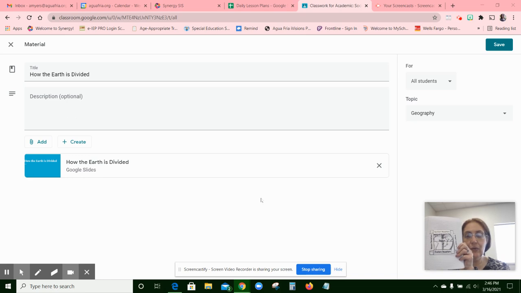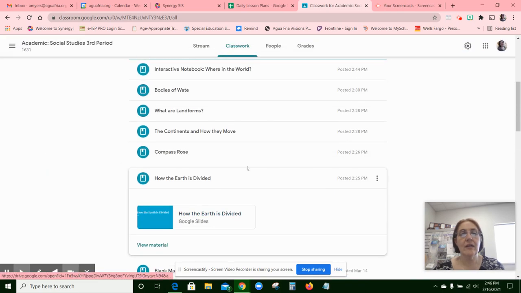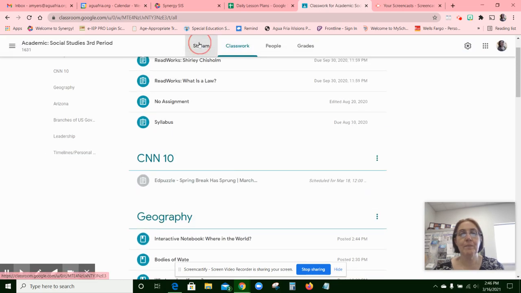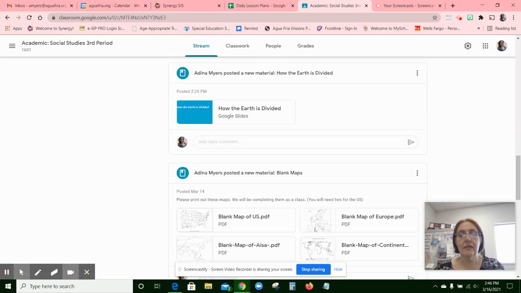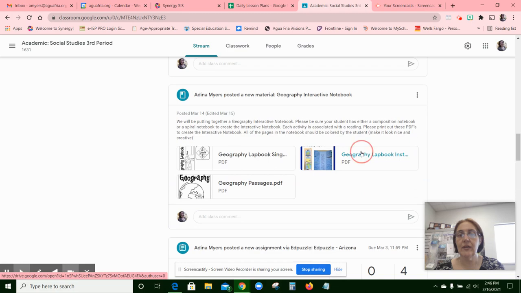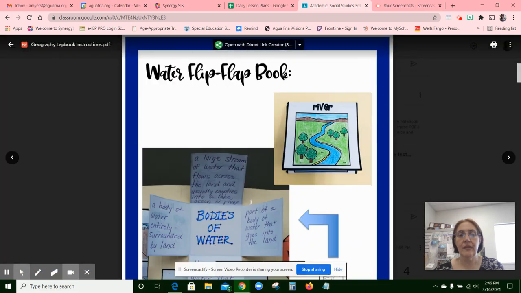But this is for the interactive notebook. You have this cut out as well, so make sure that you get it. The directions for that would be right here.